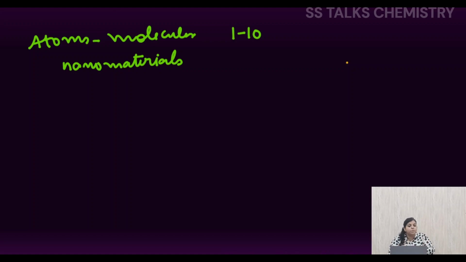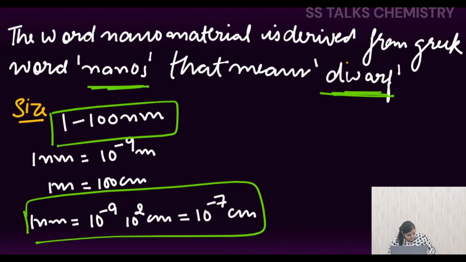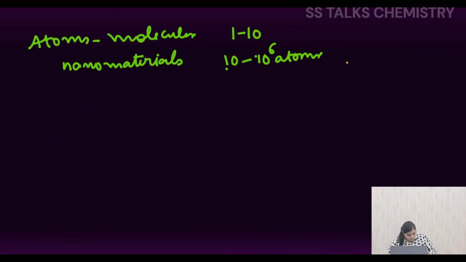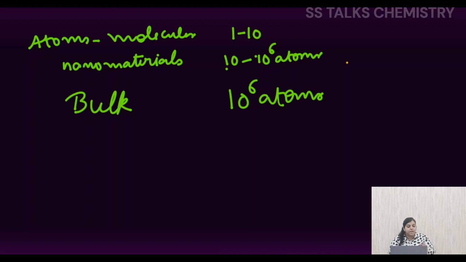How many atoms or molecules combine? When 10 to 10 raised to the power of 6 atoms have combined together, this forms nanoparticles, and their sizes lie in this particular range. And if you have something in which more than 10 raised to the power of 6 atoms are present, then that matter falls under the category of bulk material.